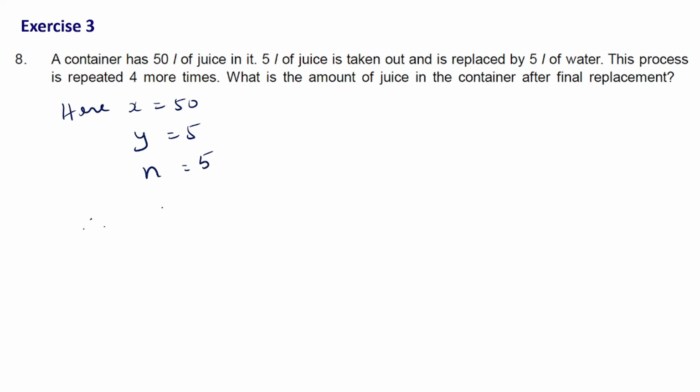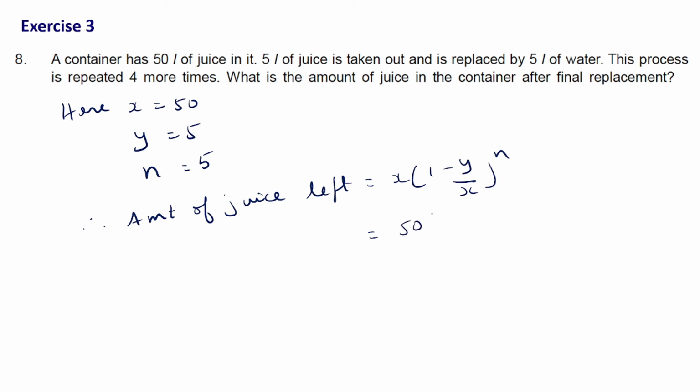Therefore, the amount of juice left is given by x into 1 minus y by x the whole raised to n, or it is equal to 50 into 1 minus 5 by 50 the whole raised to 5.